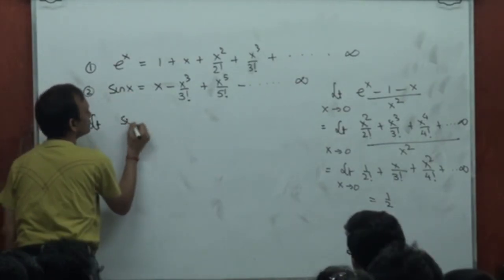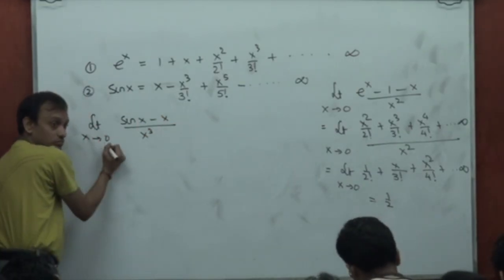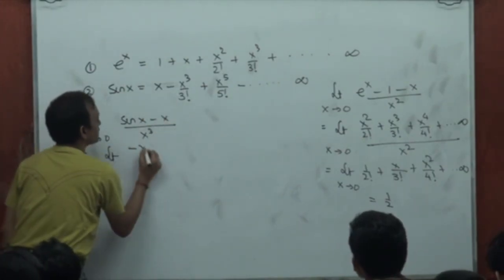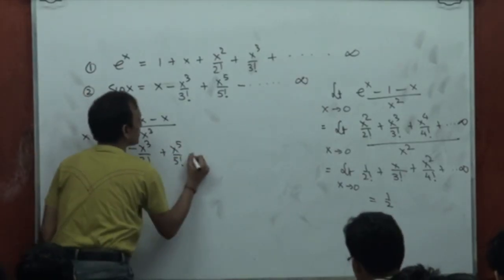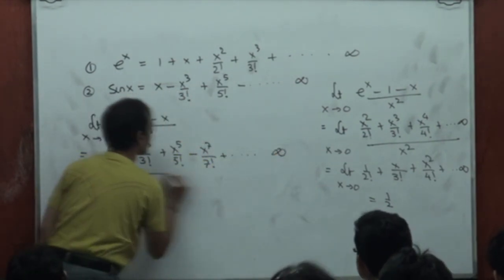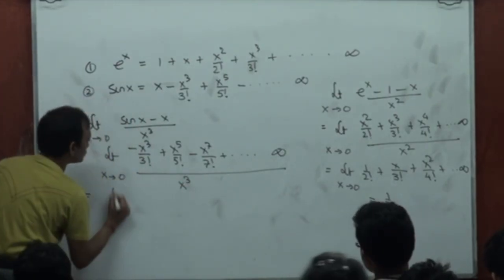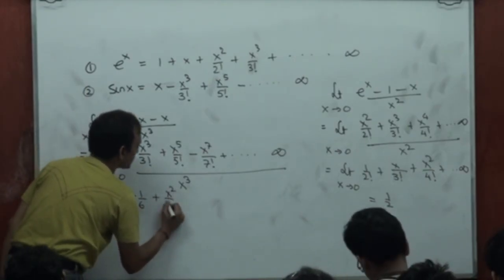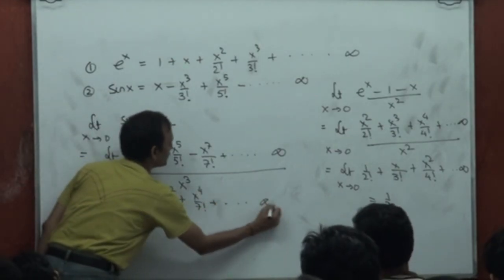So come back to this limit: (sin x minus x) by x cubed as x tends to 0. This is like the limit of (minus x cubed by 3 factorial plus x power 5 by 5 factorial minus x power 7 by 7 factorial plus up to infinity) divided by x cubed as x tends to 0, which on dividing by x cubed is minus 1 by 6 plus x square by 5 factorial plus x power 4 by 7 factorial plus up to infinity.